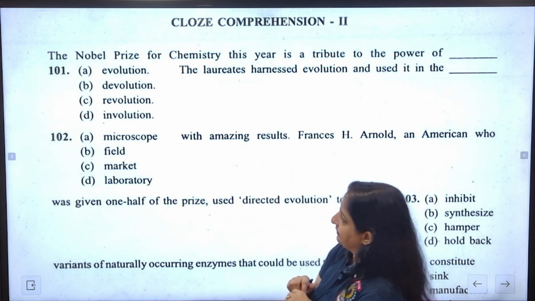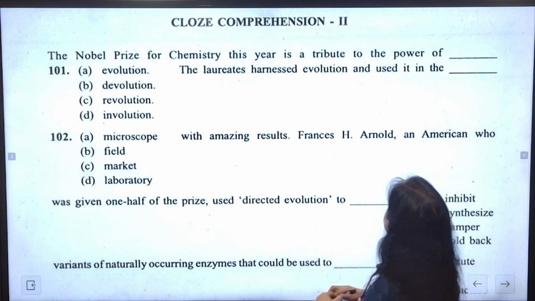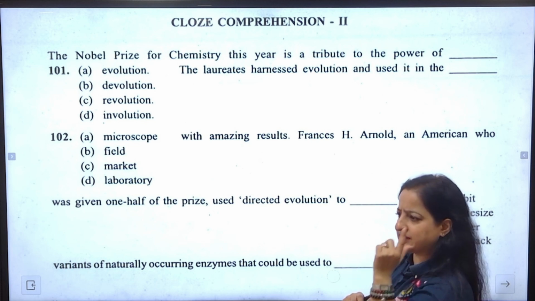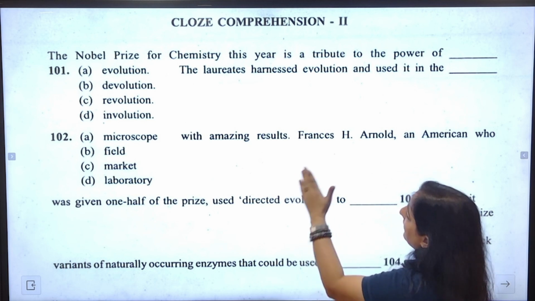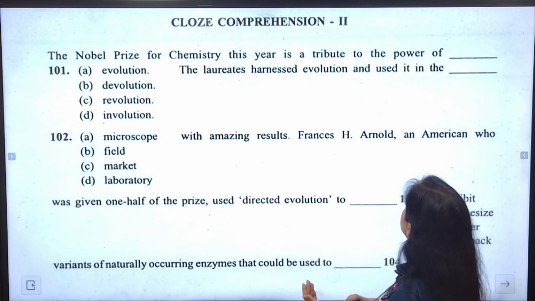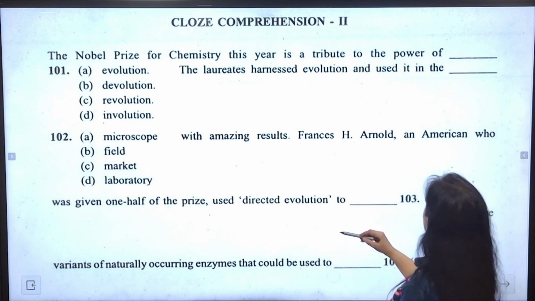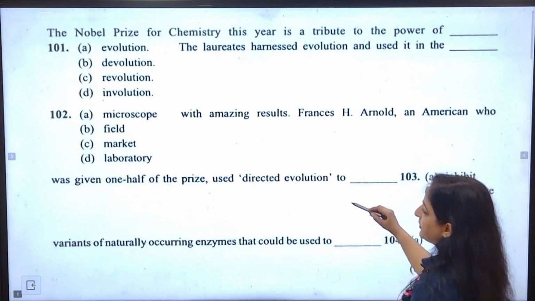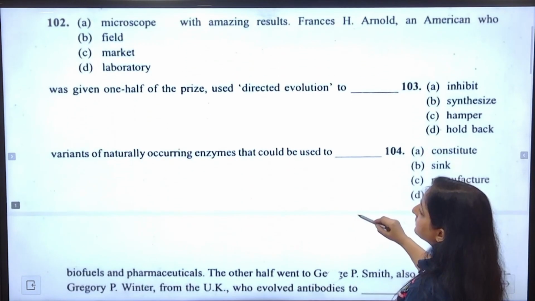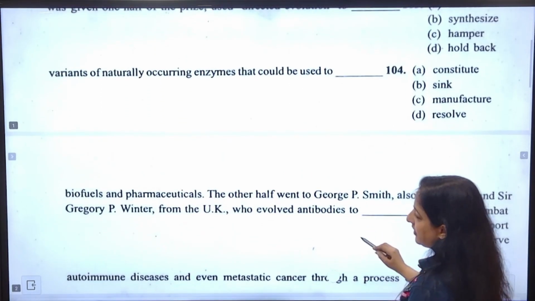So let's read. The Nobel Prize, not peace, the Nobel Prize for chemistry this year is a tribute to the power of, then take a slight pause. Don't read the options, just 1 second pause. Right? The Nobel Prize for chemistry this year is a tribute to the power of the laureates harnessed evolution and used it with amazing results. Francis H. Arnold, an American who was given half of the prize, used directed evolution to variants of naturally occurring enzymes that could be used to biofuels and pharmaceuticals.